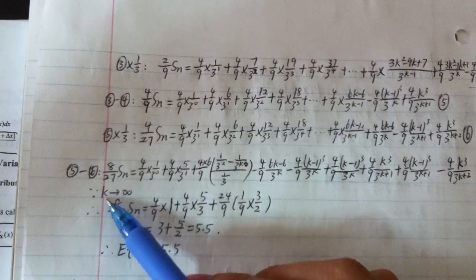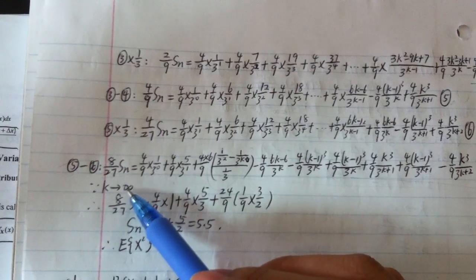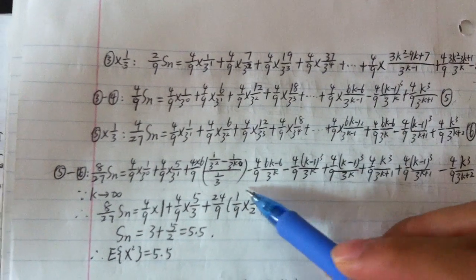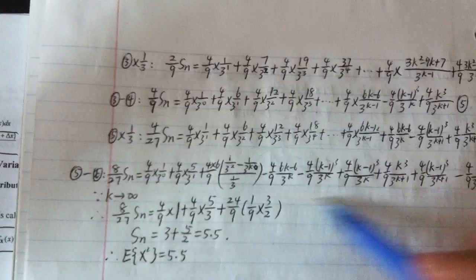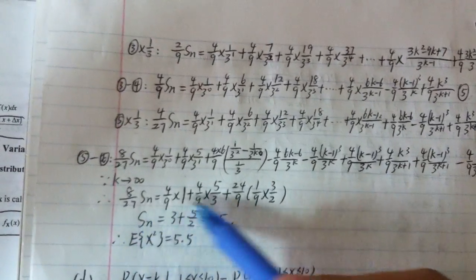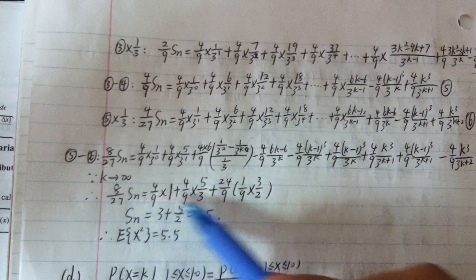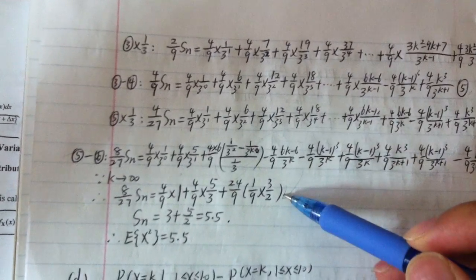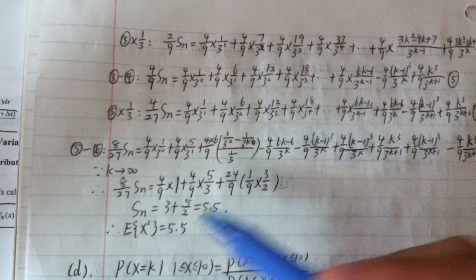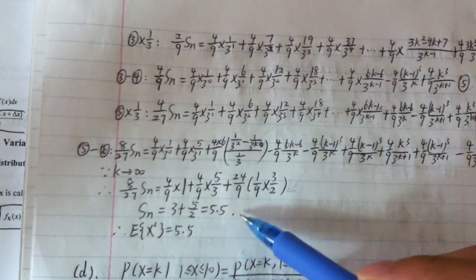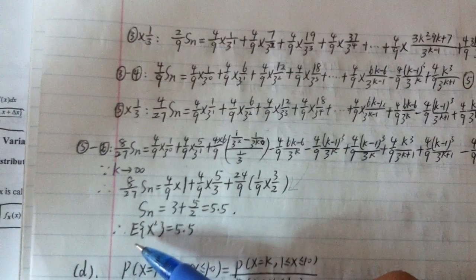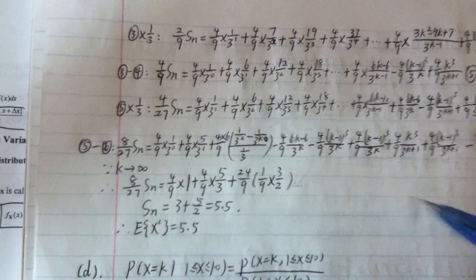Because k tends to infinity, this one is 0, and this long one equals 0. So we simplify this equation, and we figure out Sn equals 5.5, meaning that the mean of x square equals 5.5.